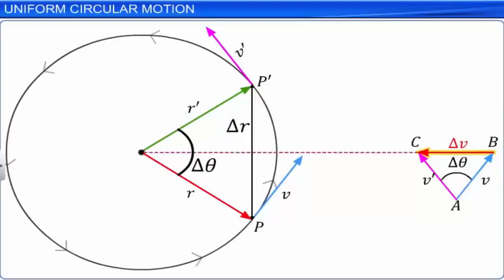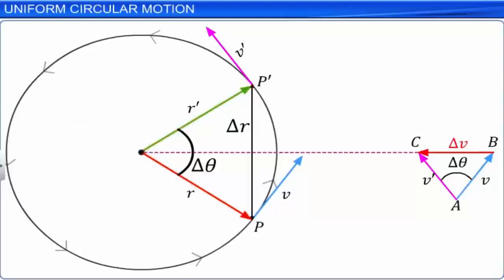v and r as well as v' and r' are perpendicular to each other as v and v' are tangential to the circle, and r and r' are the radii of the circle. Therefore, delta v is perpendicular to delta r.